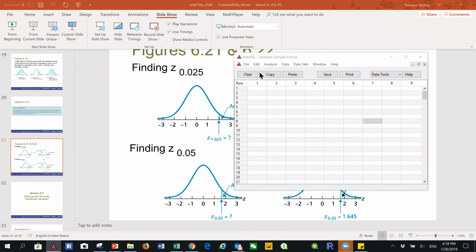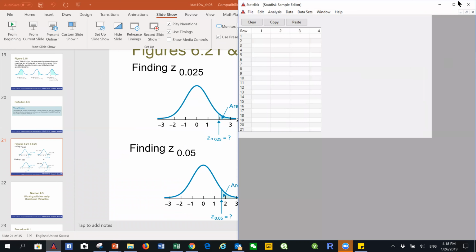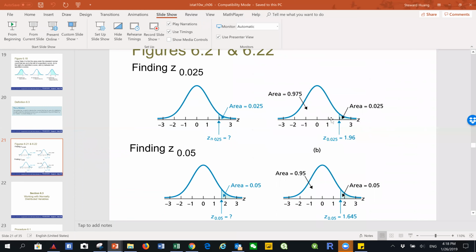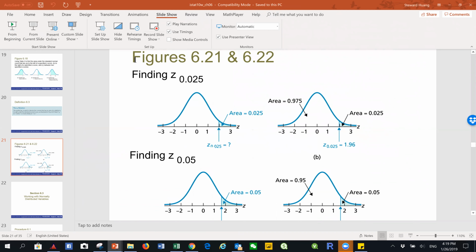Now, in order to calculate the area under the curve, first, let's take a look at this. Now we introduce this notation showing z with a subscript 0.025 or 0.05.